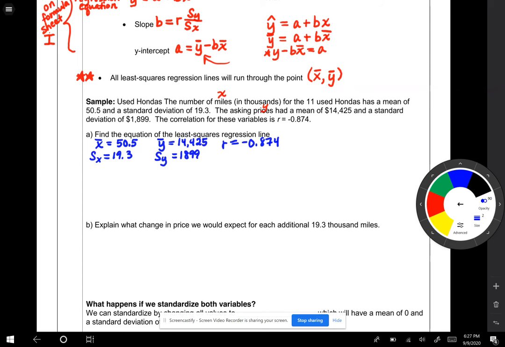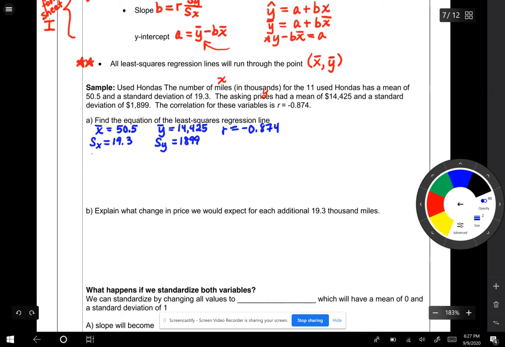We need to find the equation of the least squares regression line. We're not given data. If we're not given data, this is another way to do it. If we're given data, you can enter it in a list, but sometimes that takes too long. So the first thing we want to do is find the slope b.